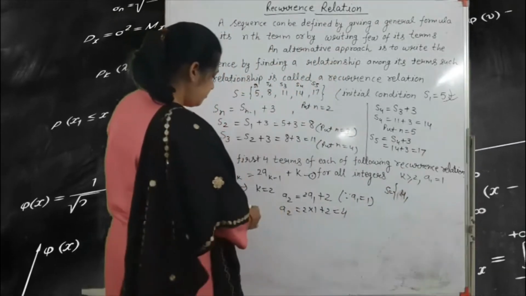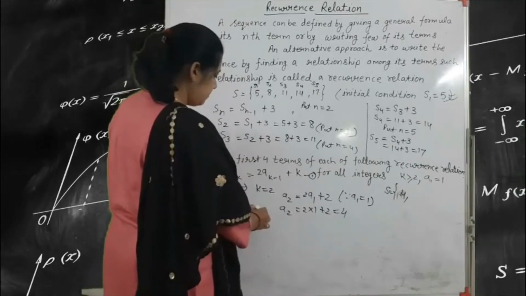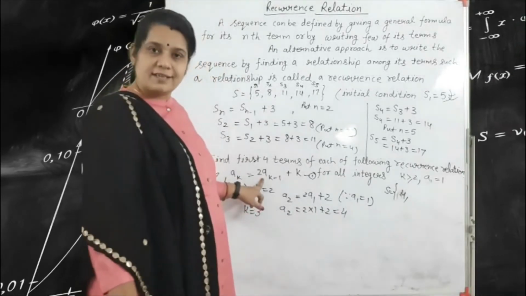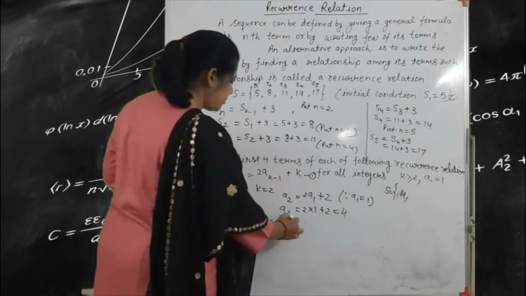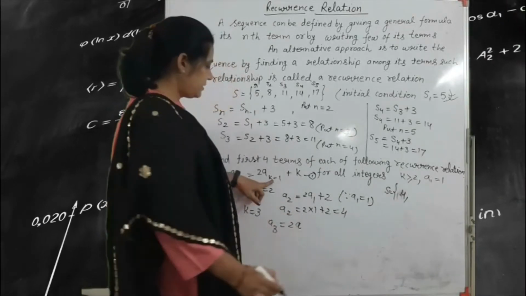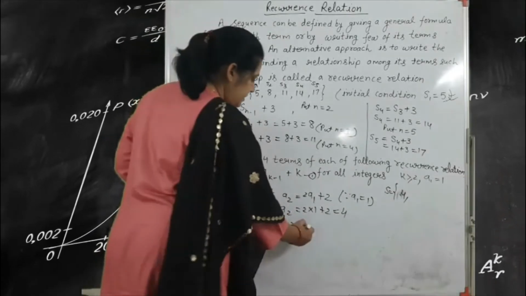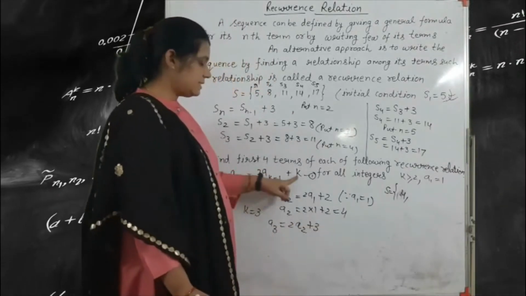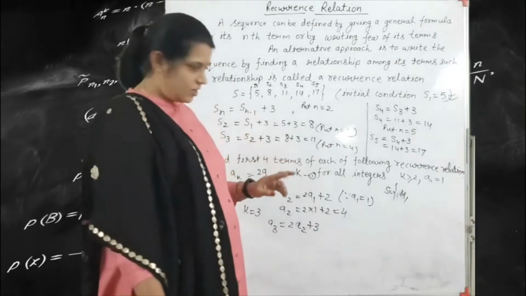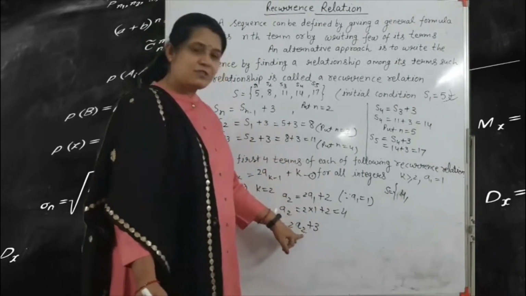Next we put k = 3. According to this recurrence relation, a_3 = 2a_{3-1} + 3, that is 2a_2 + 3, because we put k = 3. Don't be confused here, because 3 minus 1 is equal to 2.